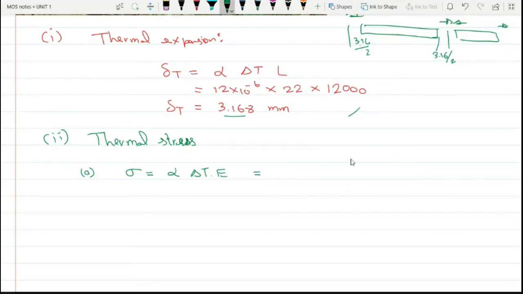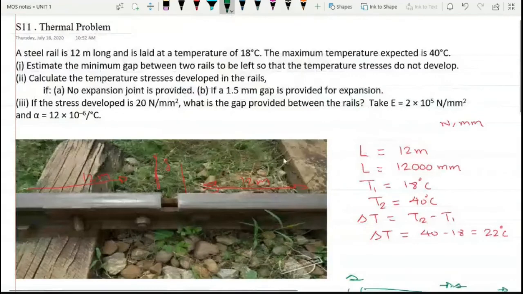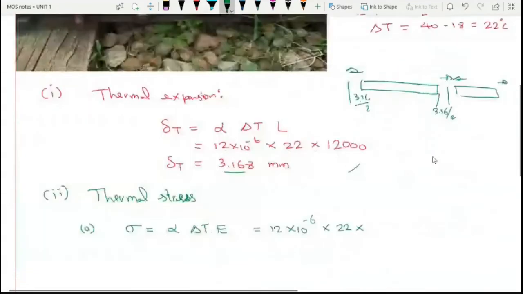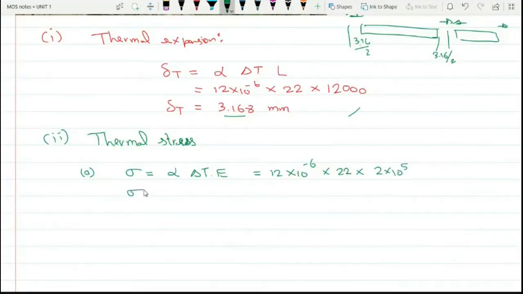Alpha, you know the value, which is 12 into 10 power minus 6. Del T, of course, it is 22. E, Young's modulus, is 2 into 10 power 5. So this gives you what is the thermal stress. So can you say me what is the answer? So we are getting 52.8 Newton per mm square.